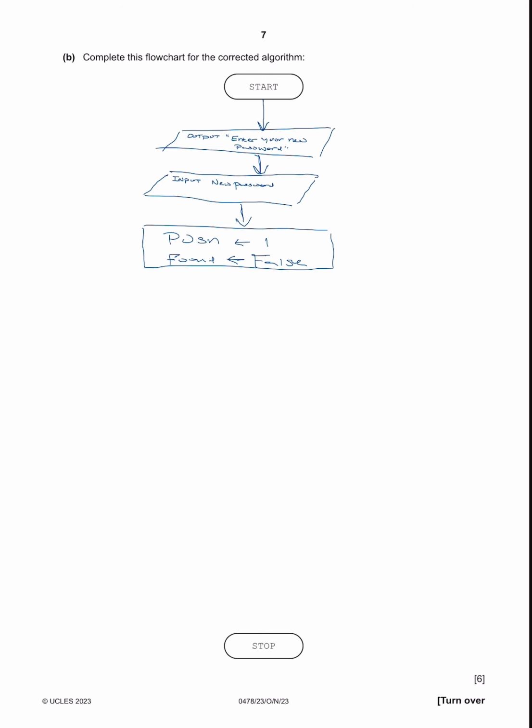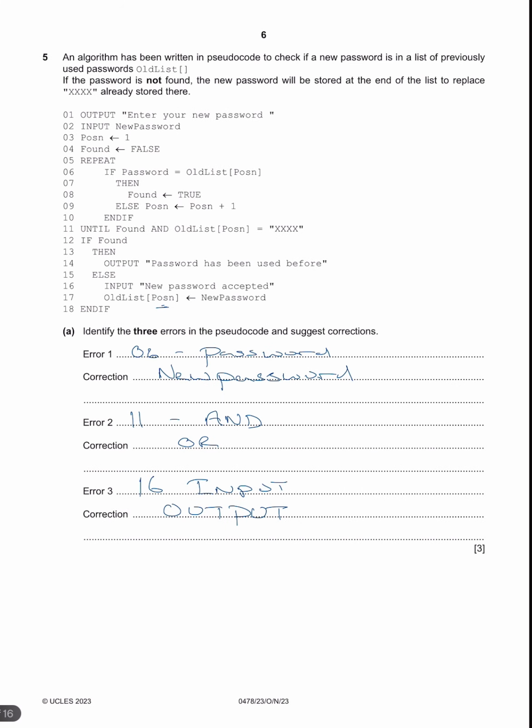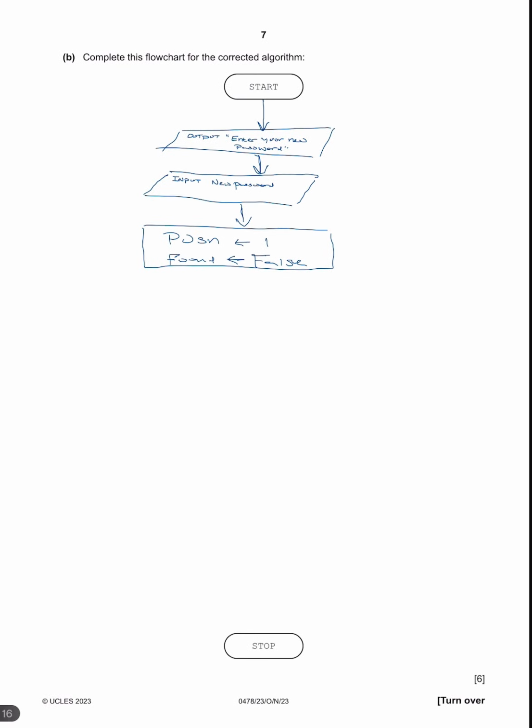Okay, then. Right, now here we've got that loop. Now in flowcharts, we really want to skip to this condition. Okay, so because of the way flowcharts work, we've got a decision.